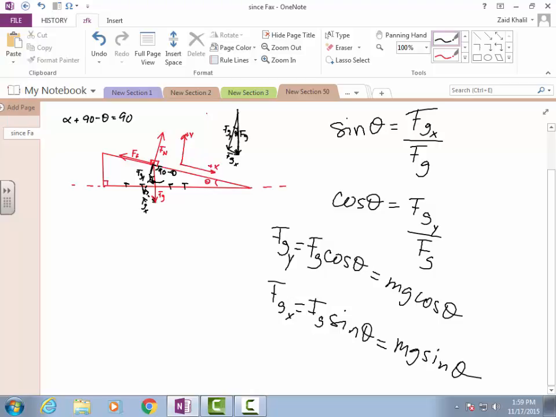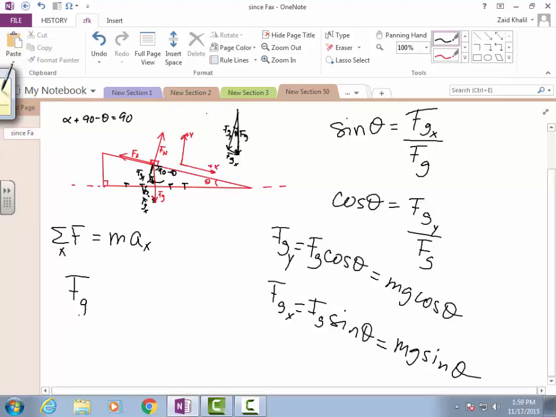So now we write Newton's second law. We have net F in the x direction equals max. And so what's the net force in the x direction? mg sine theta minus. Let's write it in terms of the actual components first, and then we'll talk about the values. FGX minus FF equals max.